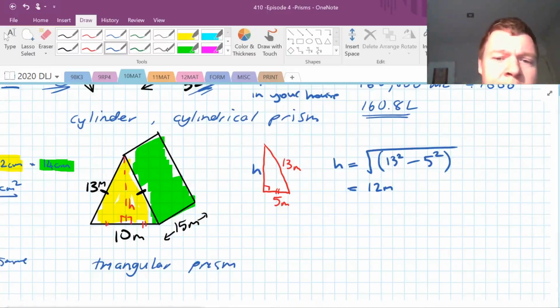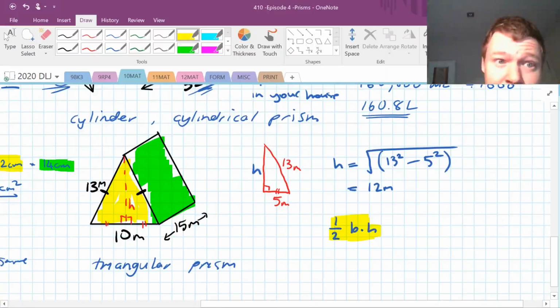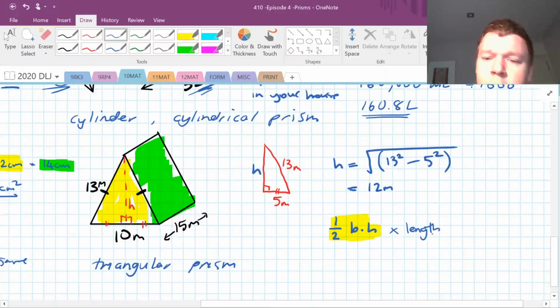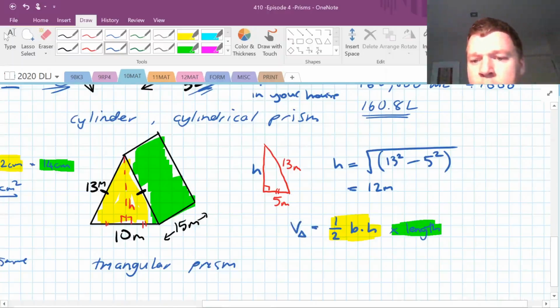Let's think about how we could get our front face. We would use half base times height. That would be our front face, and then we want to multiply it by the length that we extrude it. So the volume of our triangular prism equals half base times height, and then times the length.